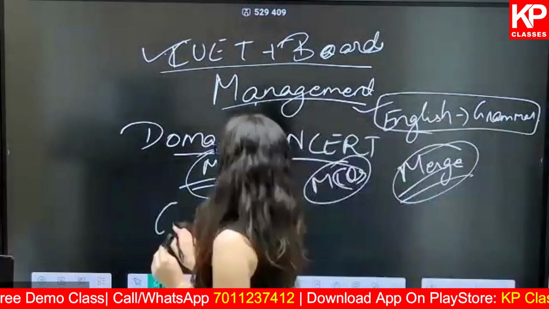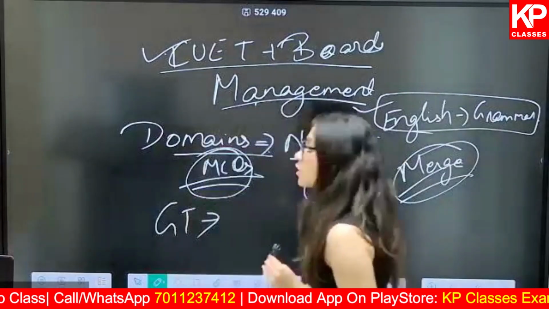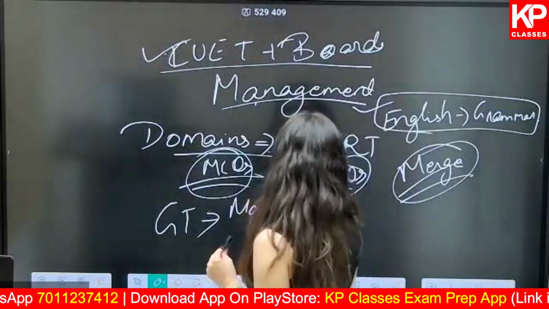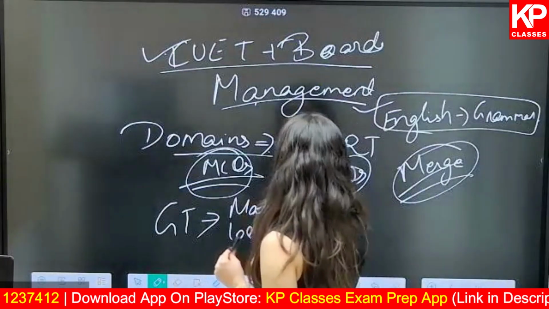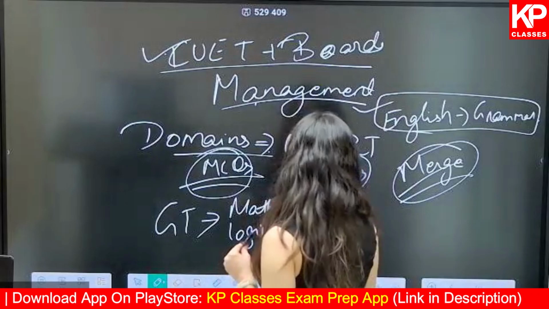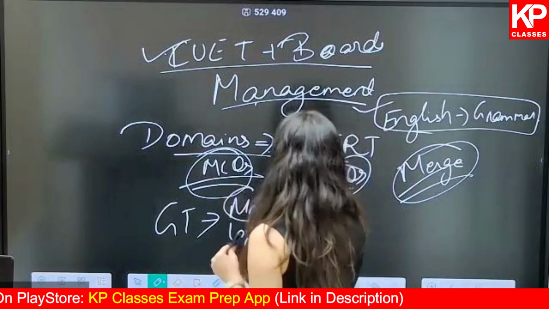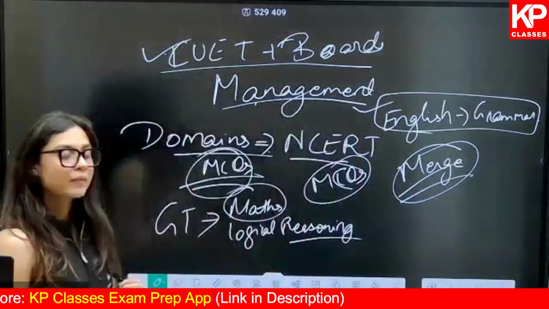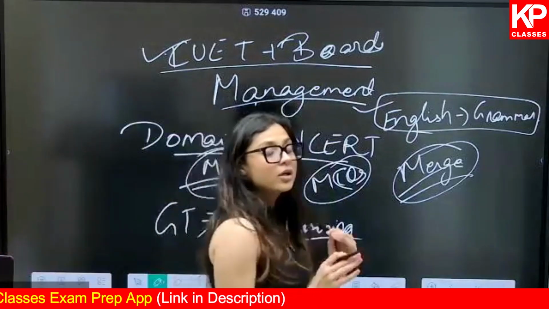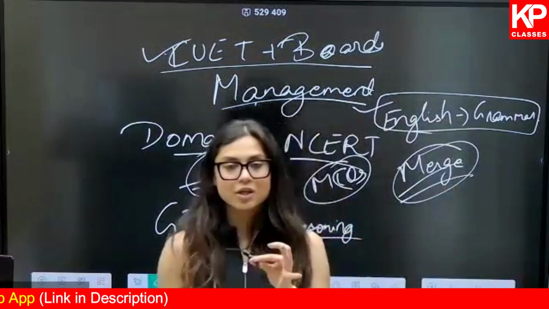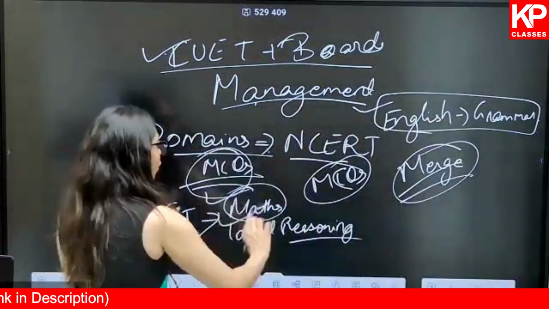Now let's talk about GT. GT के लिए math should be your focus, quantitative aptitude and logical reasoning. Math अगर बहुत weak है, you need to start practicing maths because as humanities students, it's been 2 years that you haven't touched maths at all. So math करना बहुत important होता है.